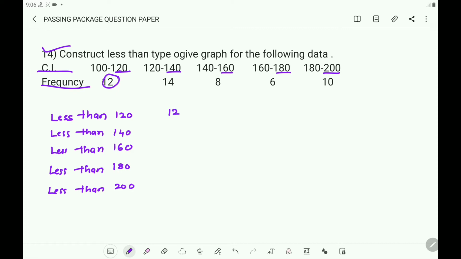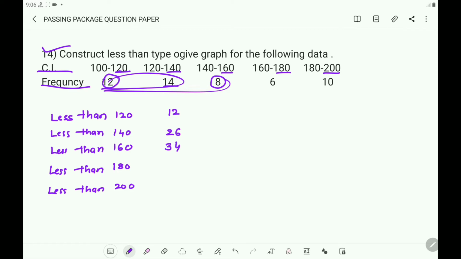Here for less than 120, that is 100 to 120, you have to take 12. Next, less than 140 means we have to add 14 to this 12, that becomes 12 plus 14, which is 26. And for less than 160, again we have to add this 8, so 26 plus 8 is 34.